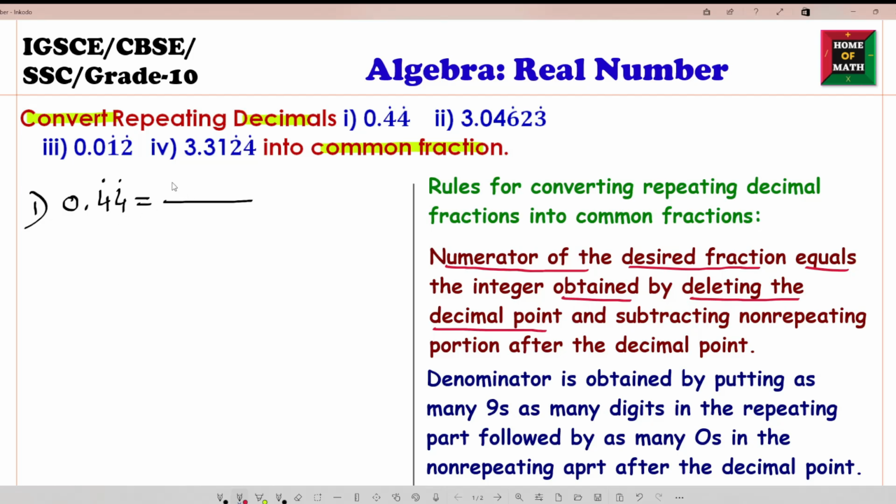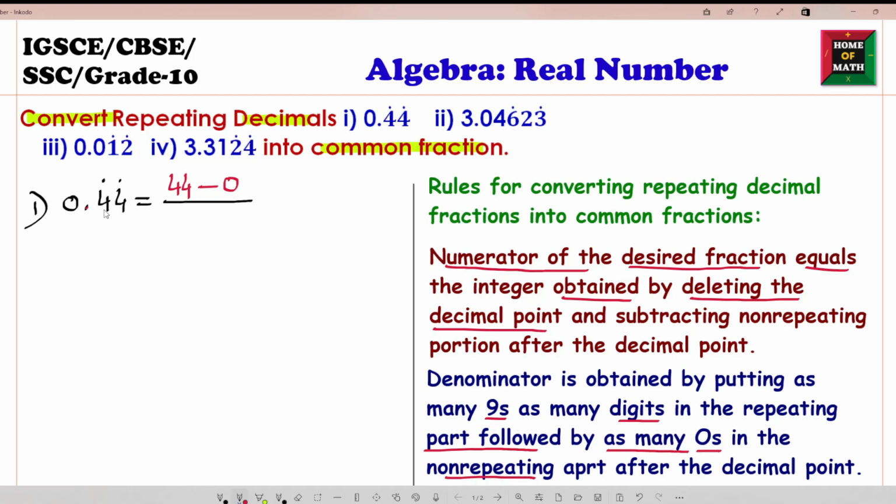It means we will use 44, we will not use the decimal point, and then we will subtract the non-repeating portion after the decimal, but beside 44 there is nothing, so we will subtract 0. The denominator is obtained by putting as many nines as there are digits in the repeating part, followed by as many zeros as there are in the non-repeating part after the decimal point.